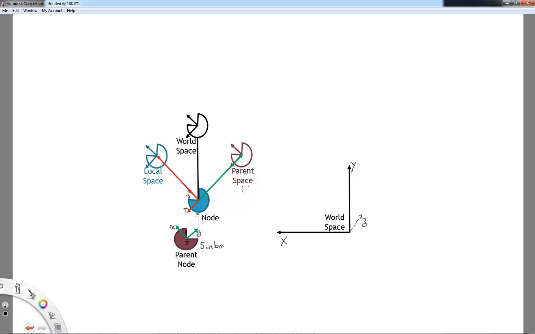Let's say the transformation I want to apply is to move the blue node along the y-axis. Obviously, you know this is going to be node, and then setPosition.